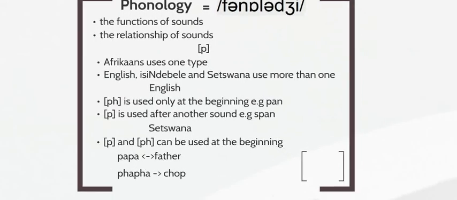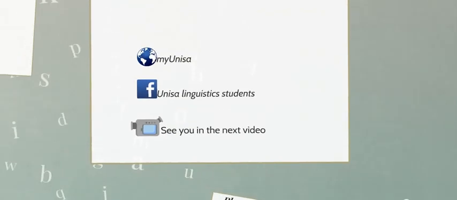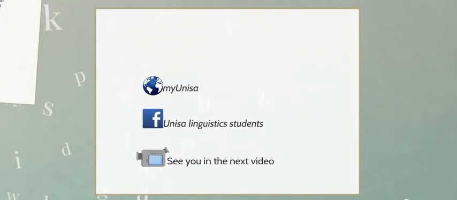For example, while English uses the difference between f and t to distinguish meaning, as we saw earlier when we were discussing the words fall and tall, it does not actually use the difference between the two kinds of p to distinguish meaning. However, Setswana does not regard any difference when it distinguishes the meaning of sounds.